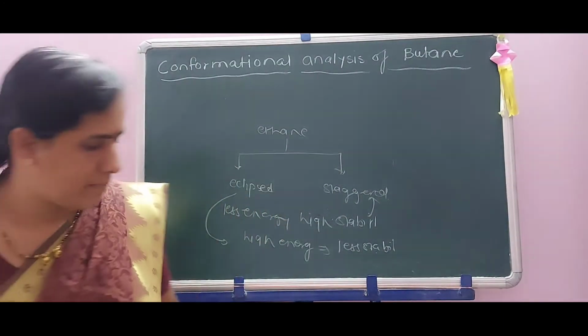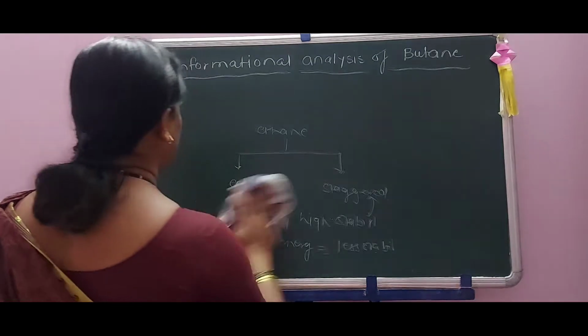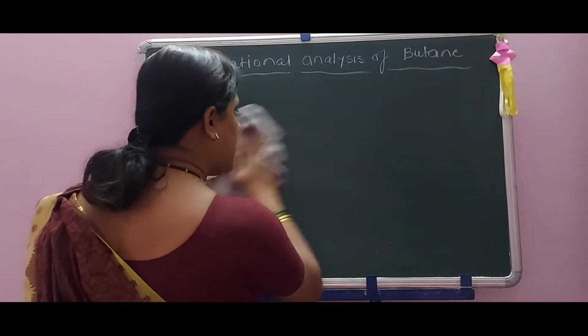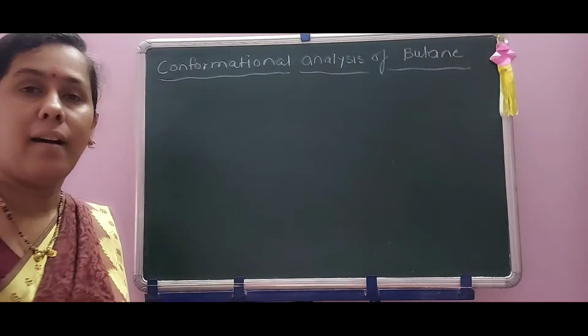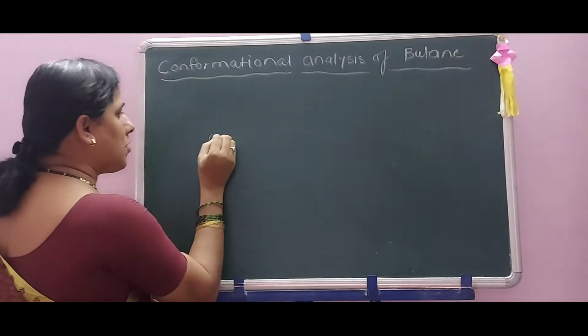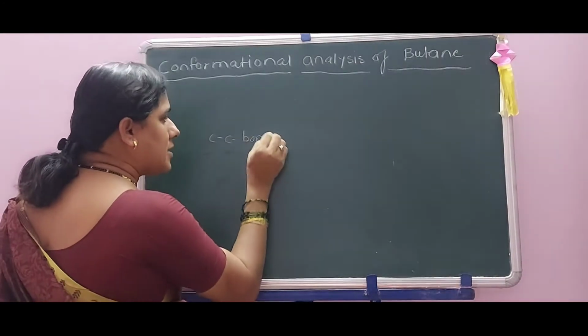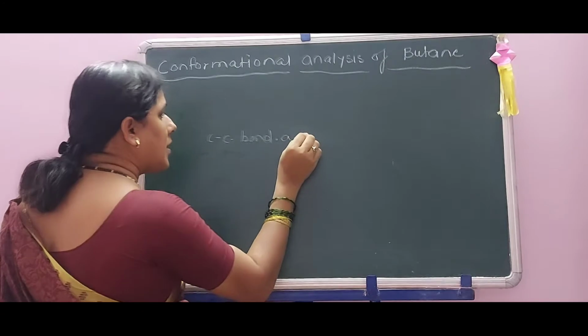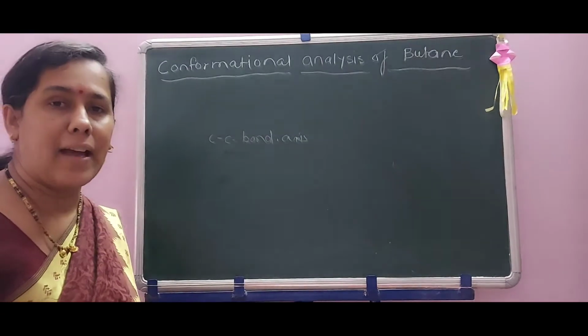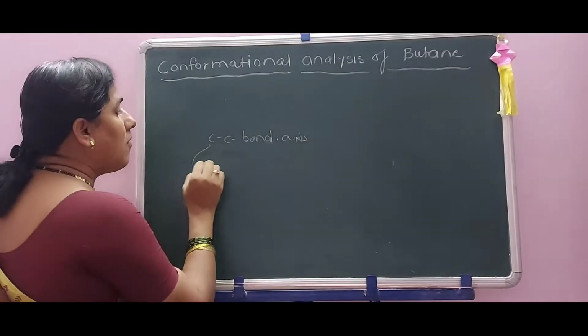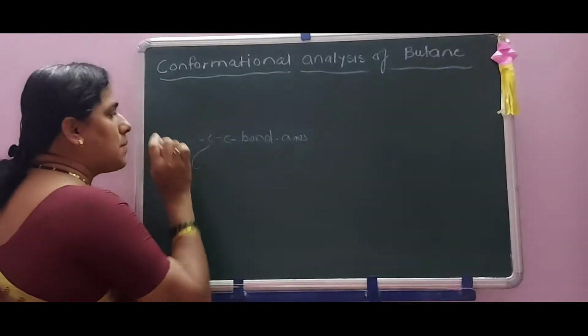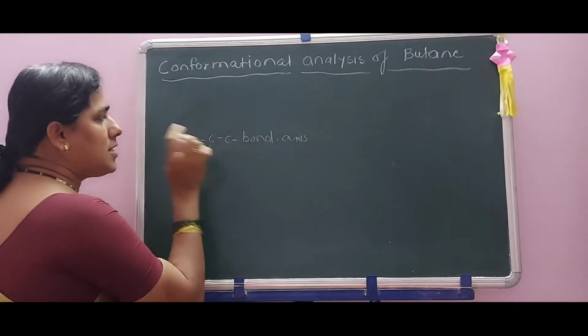See here. In an alkane, free rotation about the C-C bond axis is possible, but actually it is hindered when atoms or substituents are attached to these carbon atoms.